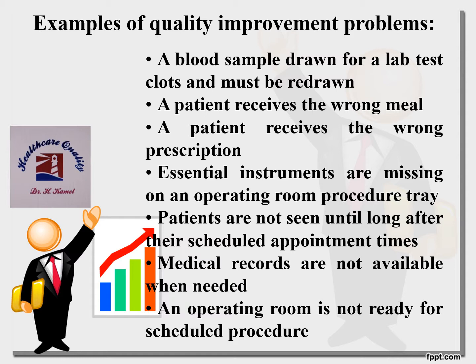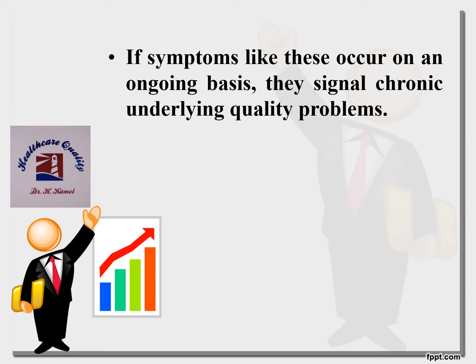Patients are not seen until long after their scheduled appointment times. Medical records are not available when needed. An operating room is not ready for a scheduled procedure. If symptoms like these occur on an ongoing basis, they signal chronic underlying quality problems.